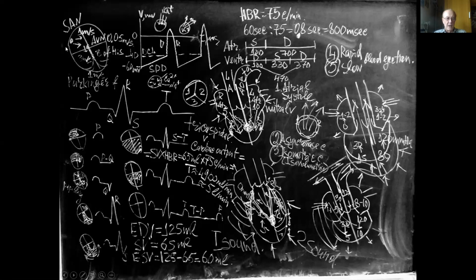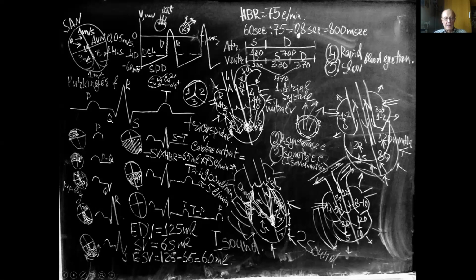It consists of the sinoatrial node, the atrioventricular node in the septum of the heart, then the bundle of His with two branches, and Purkinje fibers, which conduct the excitation to the ventricles.